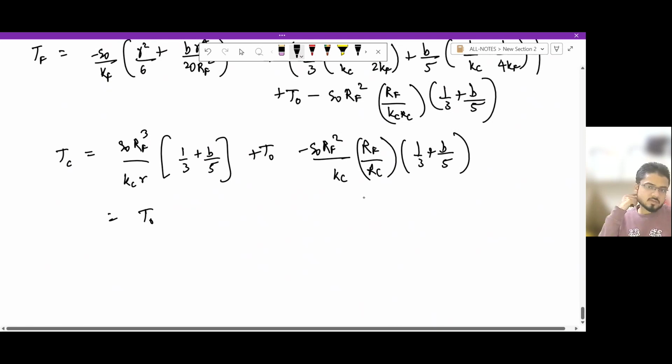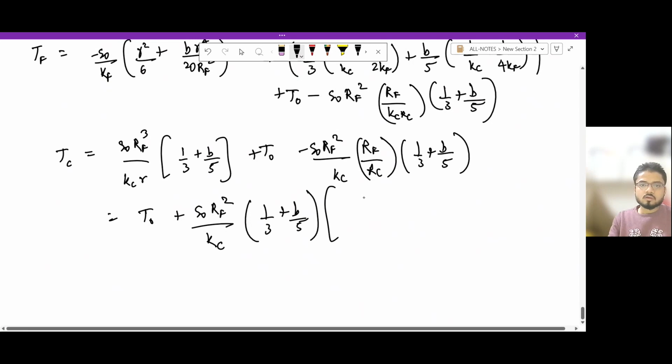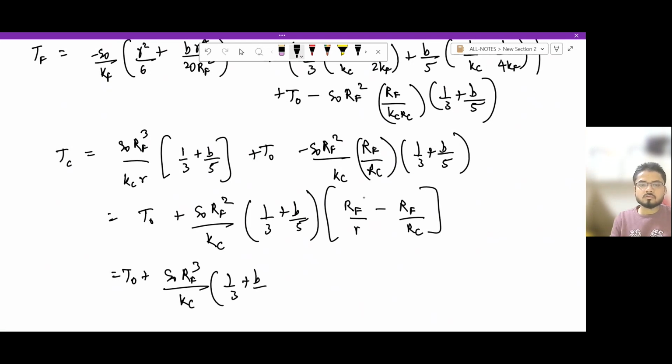So you see that we could have something common out of everything right here, plus S naught times, just keep this as a common factor, times 1 over 3 plus B over 5. And here you'd have RF cube as the entire, or RF over R minus RF over RC. So this becomes further, you could write it as RF cube over KC times 1 over 3 plus B over 5.